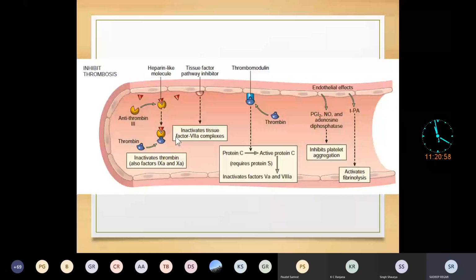Tissue factor pathway inhibitor inactivates the tissue factor and factor 7A complex. And there is thrombomodulin, which will inactivate factors 5A and 8A in the presence of protein C and protein S.